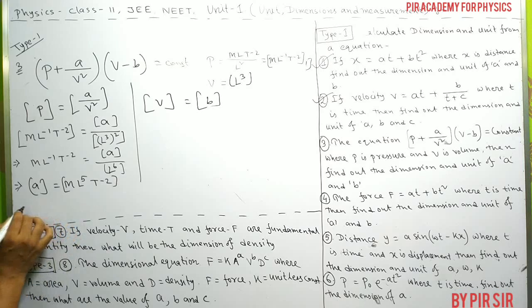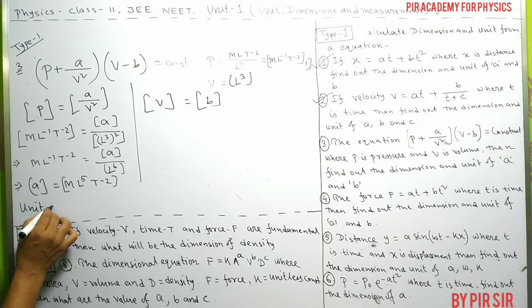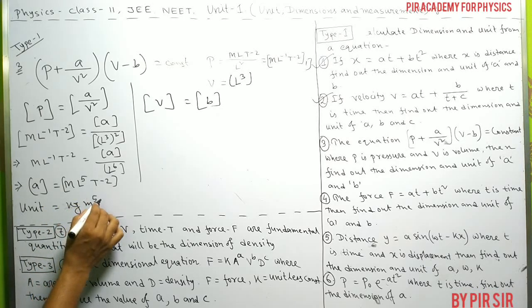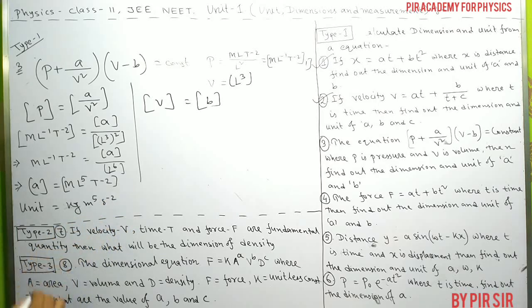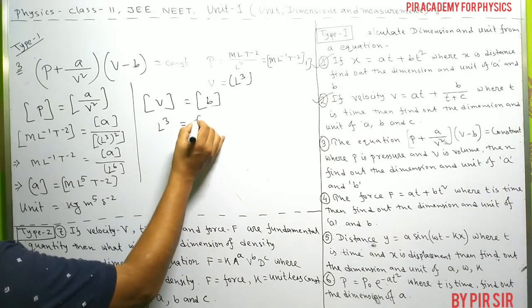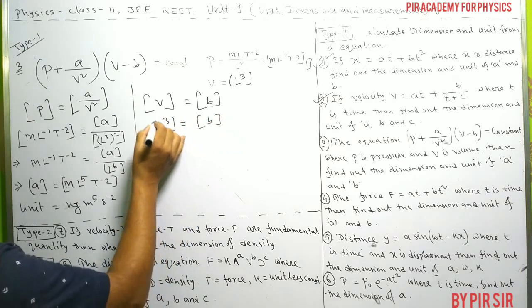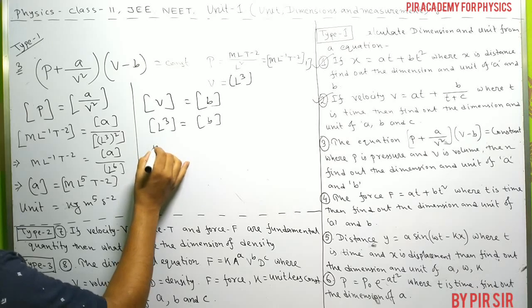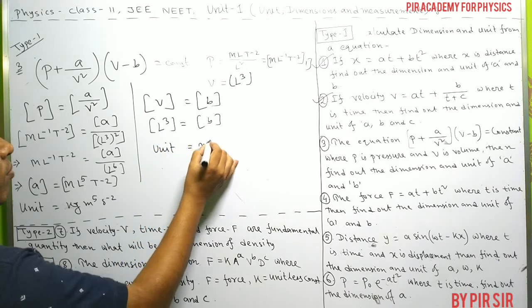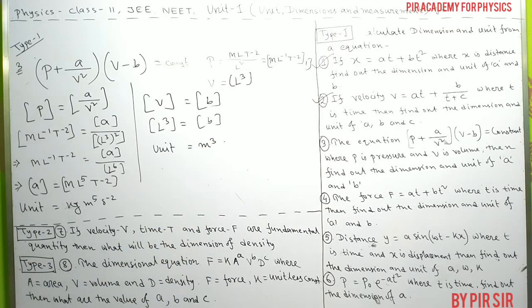The unit will be kg meter to the power 5 second inverse 2. And here the volume is L cube, that means the dimension of B is L cube, that means the unit will be meter cube. This is the third problem.